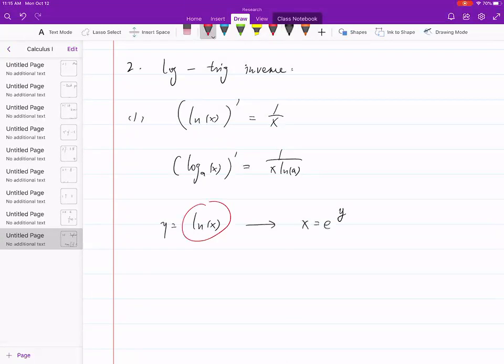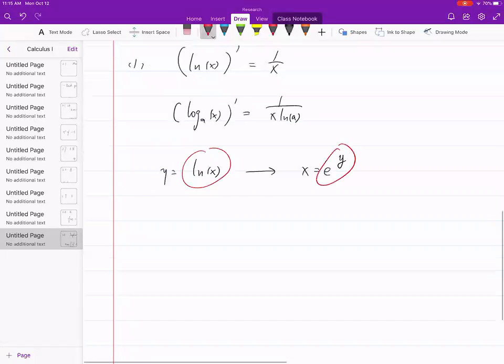I don't know the derivative of this. I do know the derivative of this. But I need to use implicit differentiation, which is times the y prime when I finish. In this way, I solved y prime equals 1 over e to the y. Therefore, it's 1 over x. That's what we did last time.